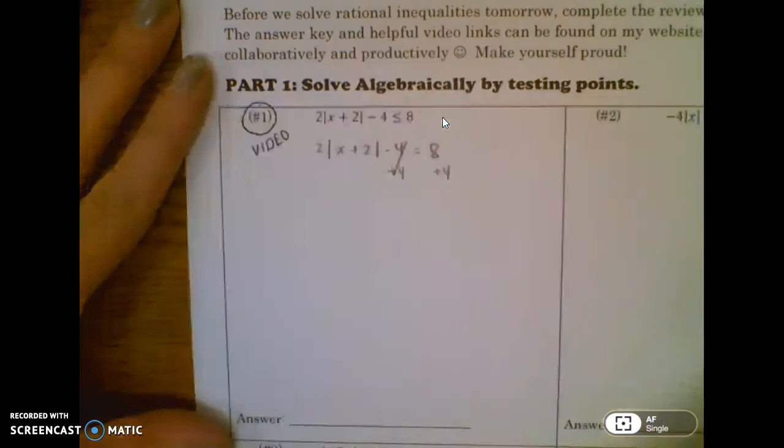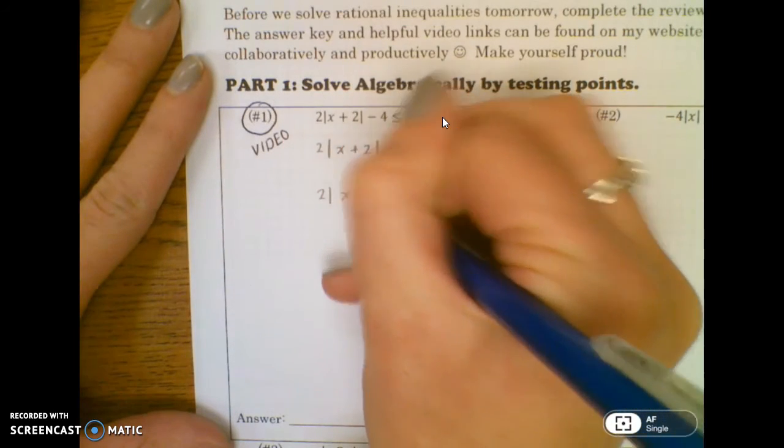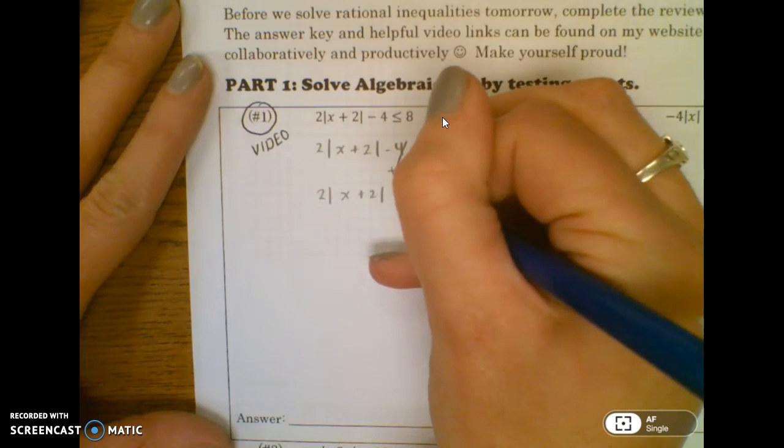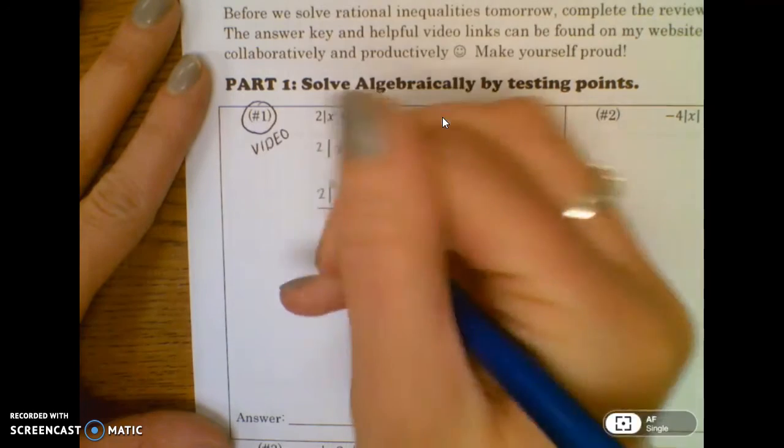So I'm going to add 4 on both sides. Remember, I want to isolate the absolute value sign. I'm going to divide both sides by that stretch factor of 2.